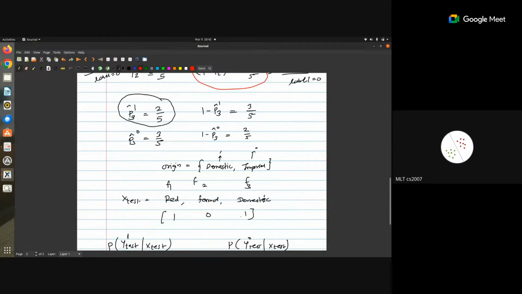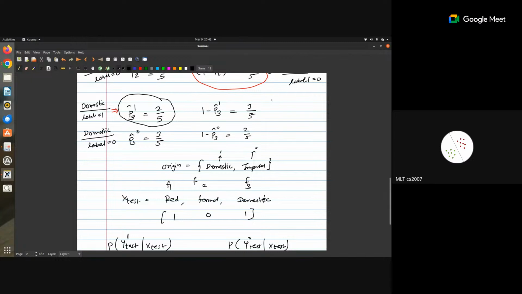The domestic is denoted by a feature. I didn't write it like that, so I'll write it down. For domestic we said 1, right? This is domestic given label is 1, and this is domestic given label is 0.